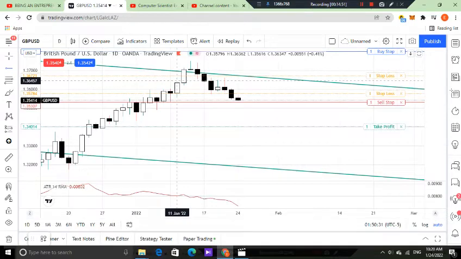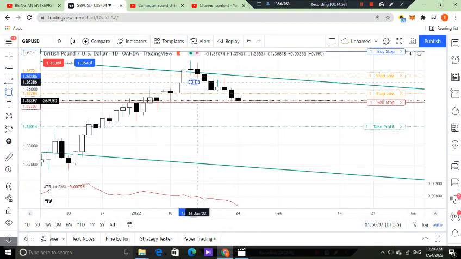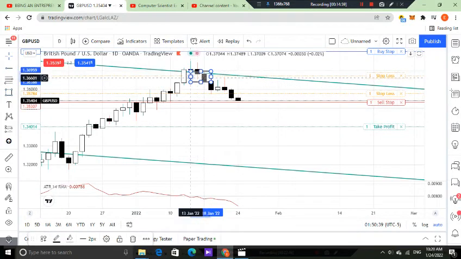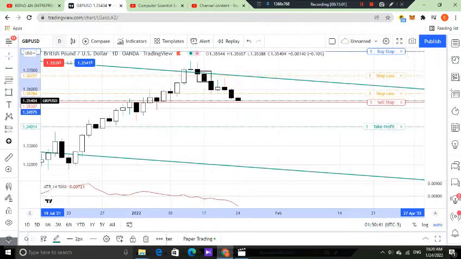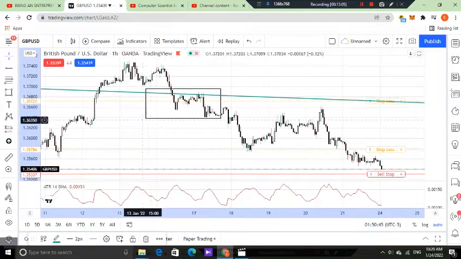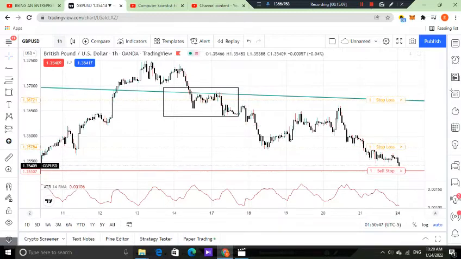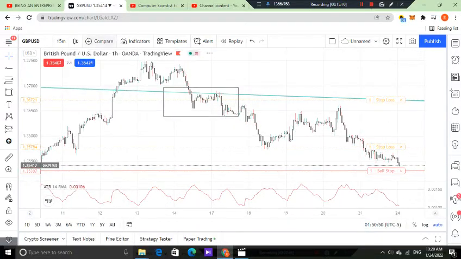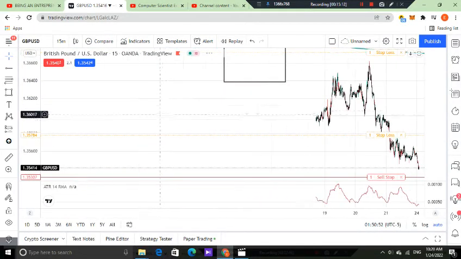If you took this at this point, it's just one candle, but this one tiny candle, it's a swing maybe in your time frames, like 50-minute time frame.